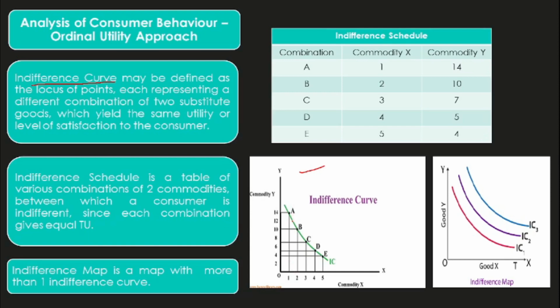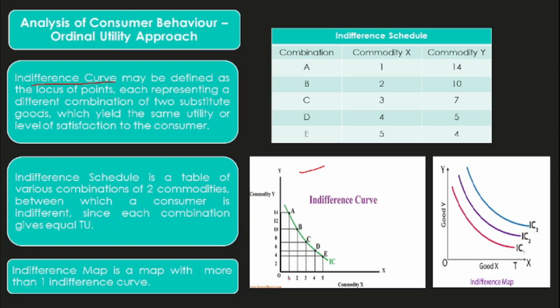Whatever amount of money he has, with that money he will use 14 units of commodity Y and 1 unit of commodity X. Now another combination we can have is one in which the consumer uses 10 units of commodity Y and 2 units of commodity X.